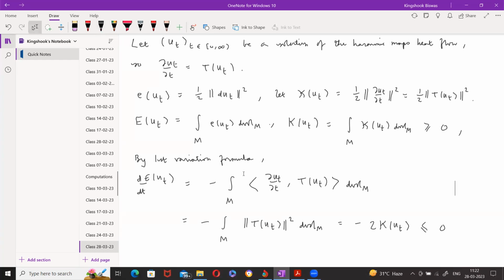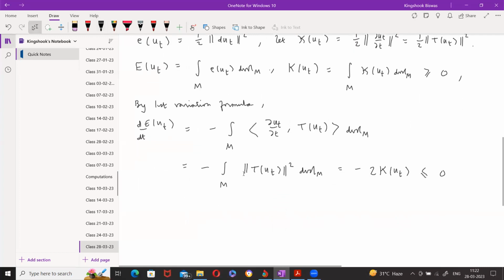So we see that the energy is monotone decreasing along a solution, right? So t goes to the energy of u_t is monotone decreasing. Okay.